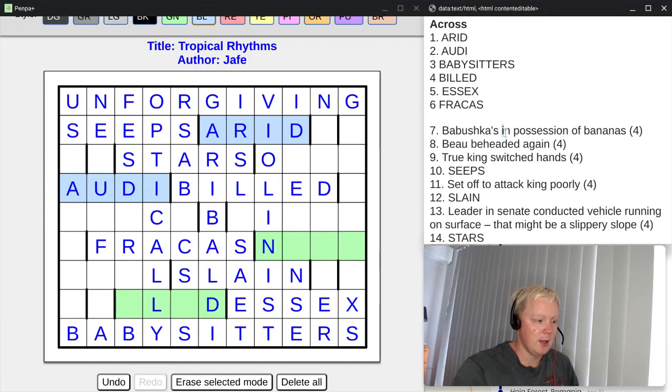But here in possession of bananas means the word bananas contains. So someone is in the possession of the word bananas. And if we look inside it, we see the word nana, which means grandmother, which babushka also means. So it's a hidden word clue, and the answer is nana.